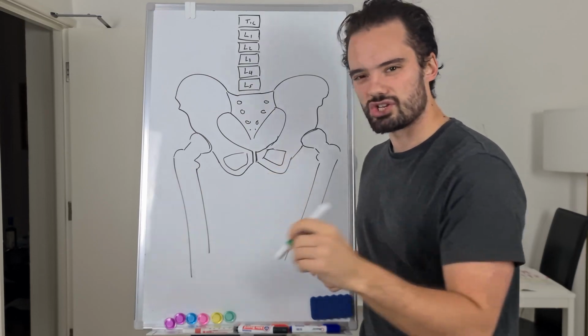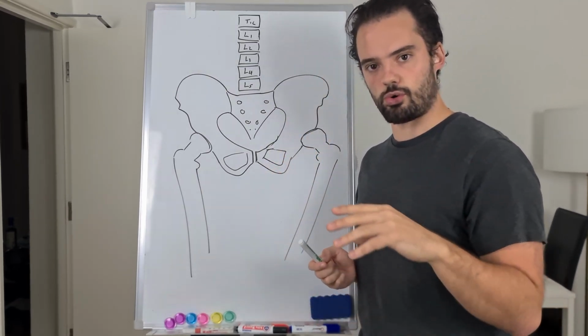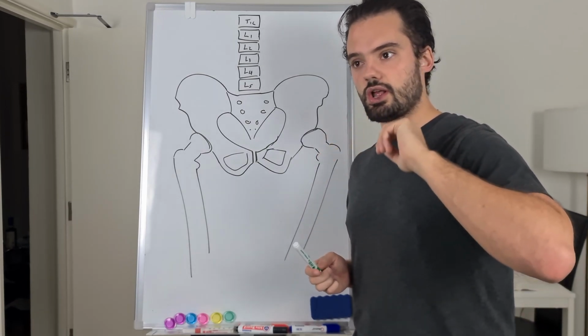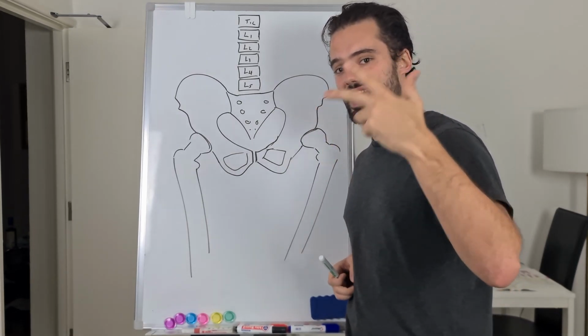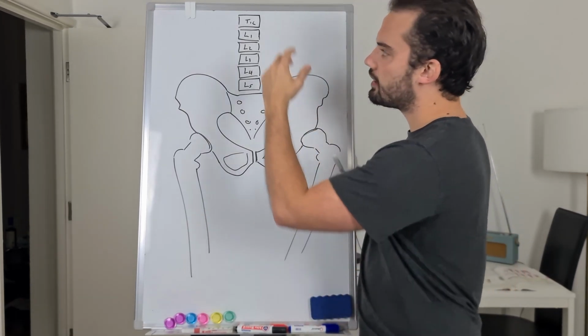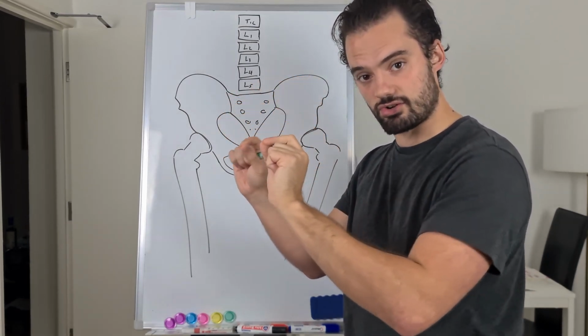I'm not going to do the lumbar plexus in a huge amount of detail, but the obturator nerve is formed out of three nerve roots that contribute to that plexus. It comes out of L2, L3, and L4. So remember, down at the bottom of the spinal cord, your nerve roots always come out underneath their associated vertebra.